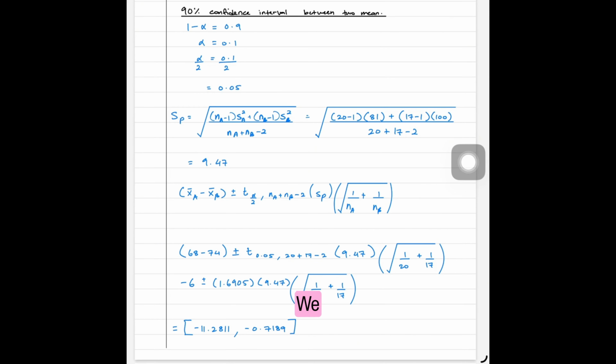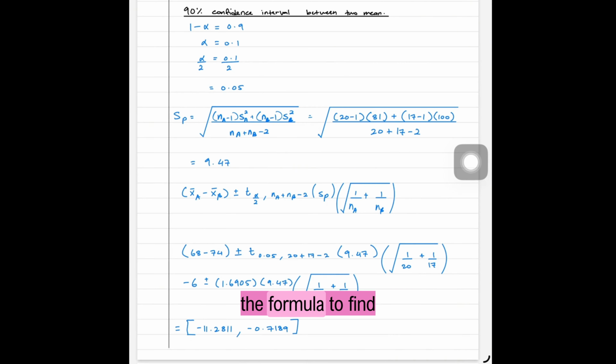Then we can plug in all the information from previously into the formula to find the interval. Bear in mind, when we're dealing with a small sample, we are using the t-distribution. As we found earlier, our alpha over 2 is 0.05. We will get the value from the t-distribution table.